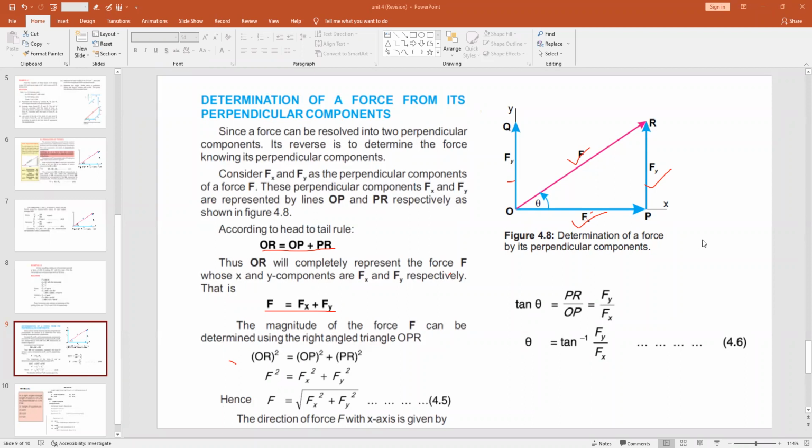With the help of the figure, you can easily see that OR is equal to F, so we place F over here. OP is equal to Fx and PR is equal to Fy. So it will become F square is equal to Fx square plus Fy square. Now to find the value of F, we have to take the square root on both sides, right?